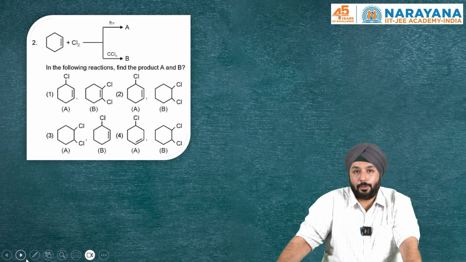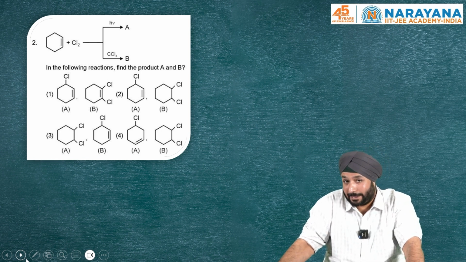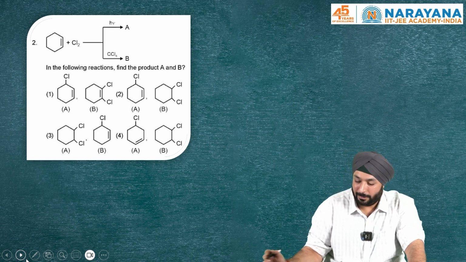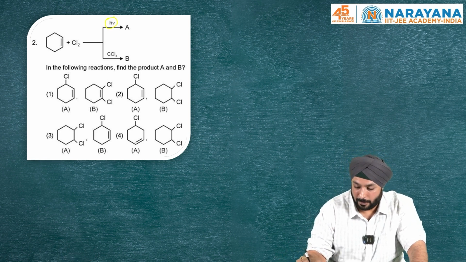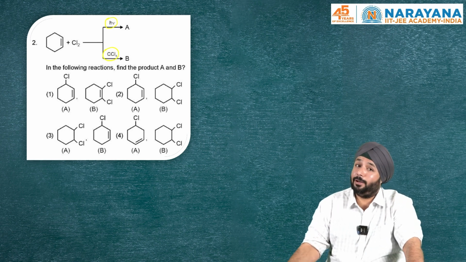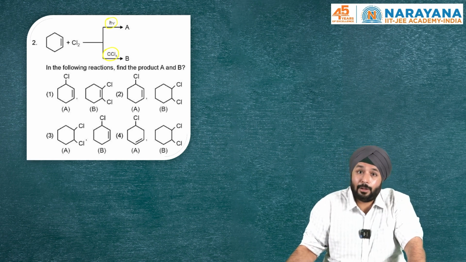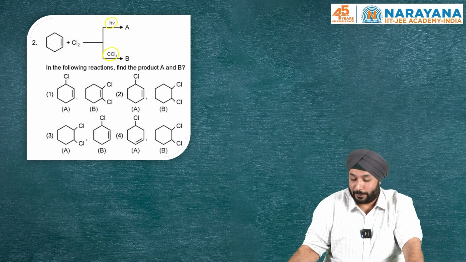This is problem number 2. Here we have a cyclohexene and we are reacting cyclohexene with chlorine gas. Now it is in the presence of photon, that is hν, and in the presence of CCl4. Whenever we are using photon, the reaction mechanism is free radical mechanism, where the chlorine will undergo free radical substitution.